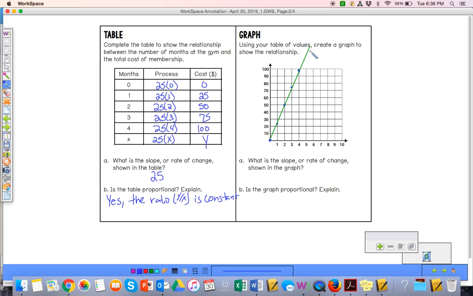Okay, so it says, what is the slope or rate of change in the graph shown? So we know that it is 25. Then it says, is the graph proportional? So yes, because it goes through the origin, and it's a straight line.